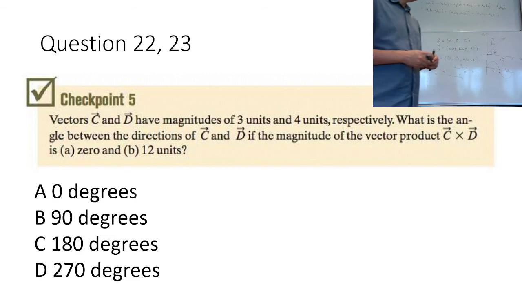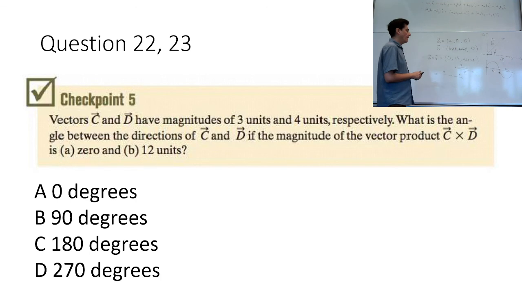So what if the resultant was 12 units long? 90. Right, 90. What about the other answer, 270? Does that work? Yes?